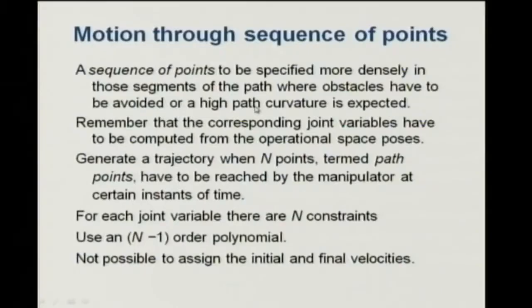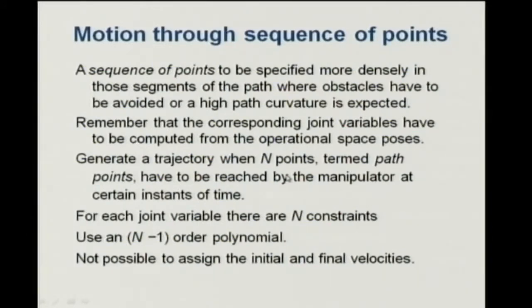So, the problem is to generate the trajectory when n points are given. These are called path points, and they have to be reached by the manipulator at certain instants of time. So, specifying time and when you get to each path point. Now, for each joint variable, since I am using n points, these n points will have a corresponding value at each joint.